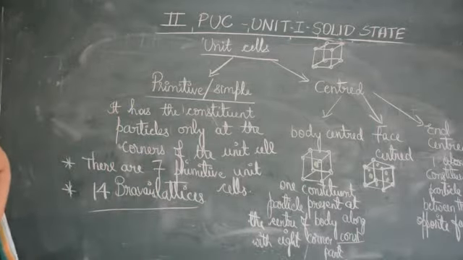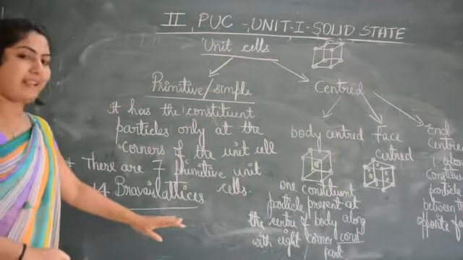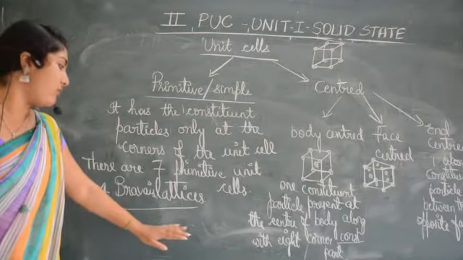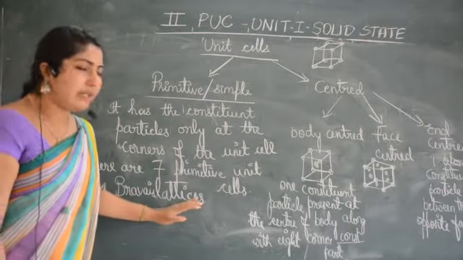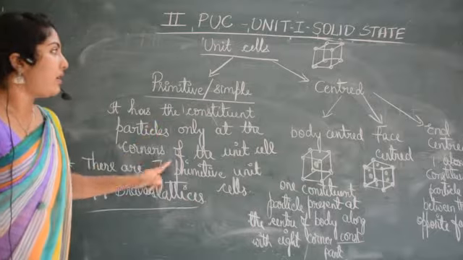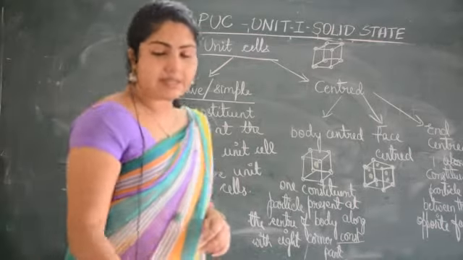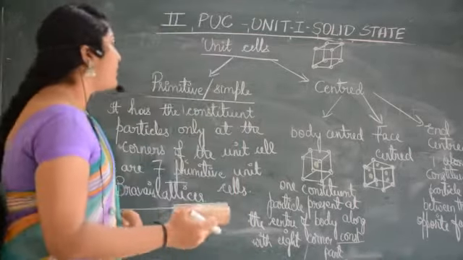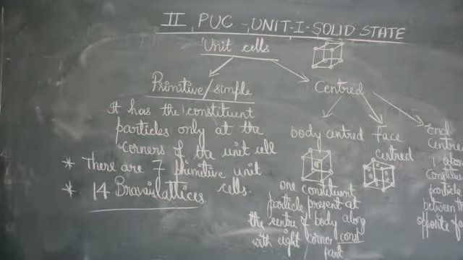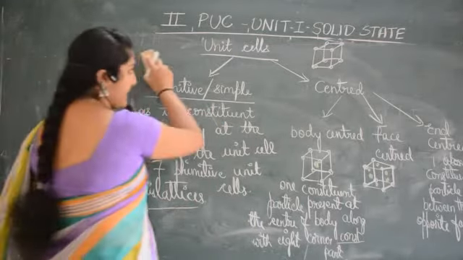This is the point which you have to mention very clearly and which you will have to explain clearly related to the unit cells. In the next video we will be discussing about the types of these unit cells which constitute 14 Bravais lattices.